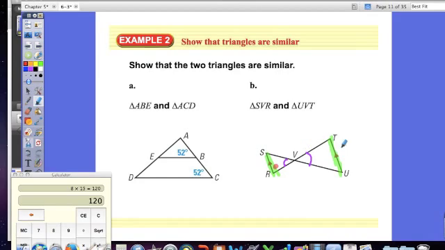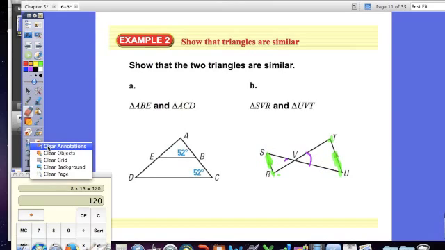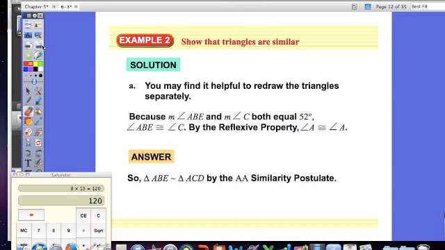This angle R and this angle T are going to be congruent through alternate interior angles. I could have used these two parallel lines and also said that S and U are congruent by alternate interior angles. I've actually proved that 3 angles are congruent. I only need to prove 2 to show that they are similar. Okay, so you can go through these.